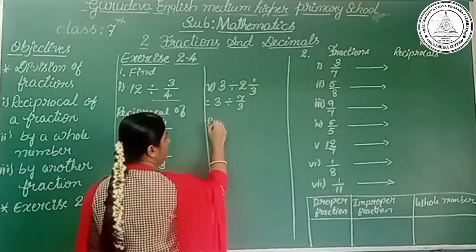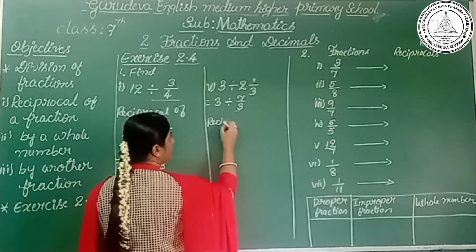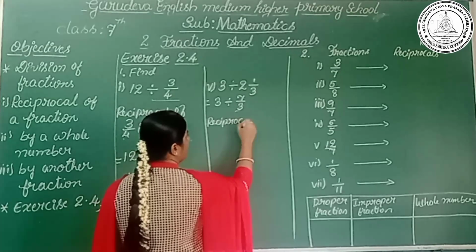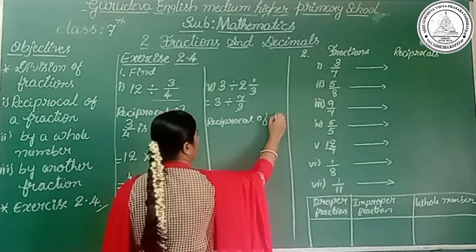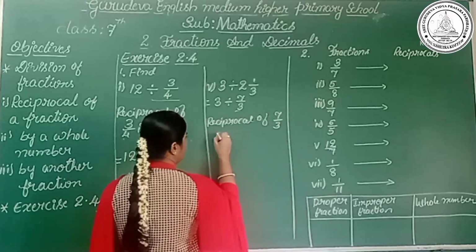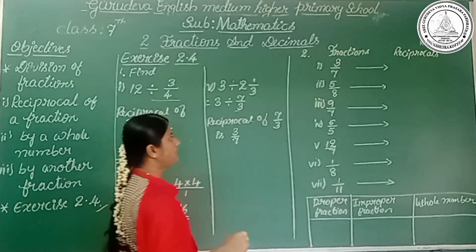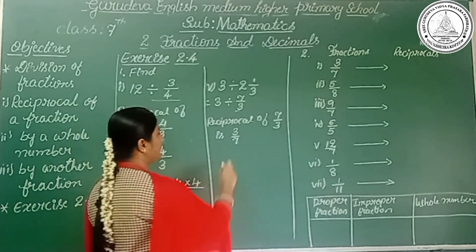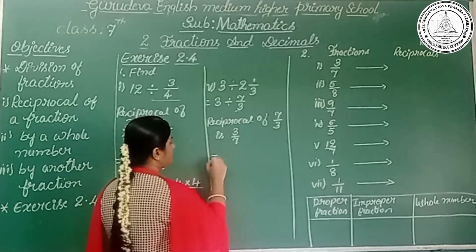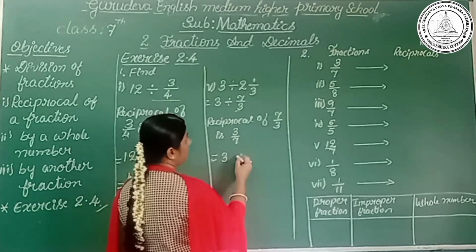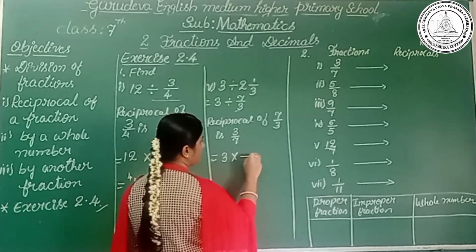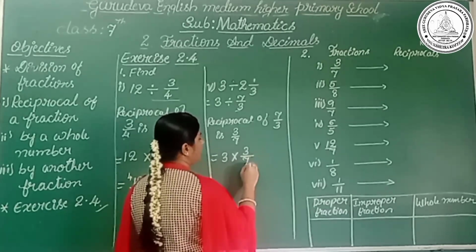Then take the reciprocal. The reciprocal of 7 by 3 is 3 by 7. After that, 3, the division sign changes into a multiplication sign, 3 by 7.